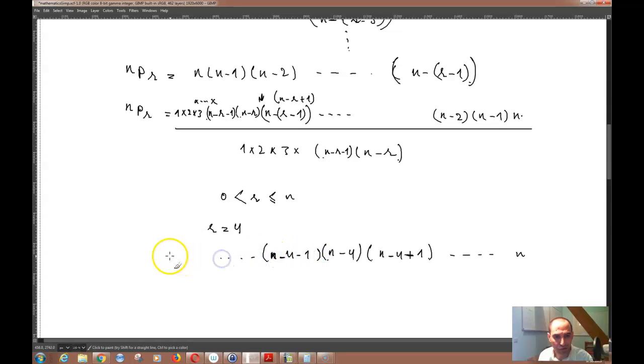And then this goes all the way up to 1 times 2 times 3, and so on and so forth. So if I rewrite this, I will get 1 times 2 times 3, and this is n minus 4.